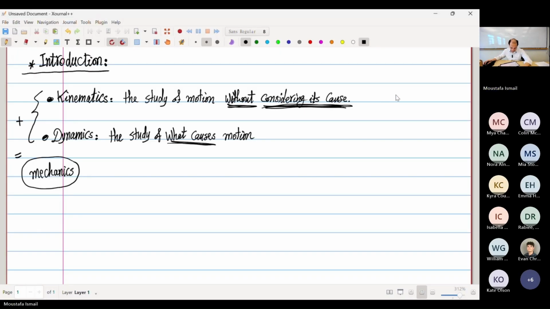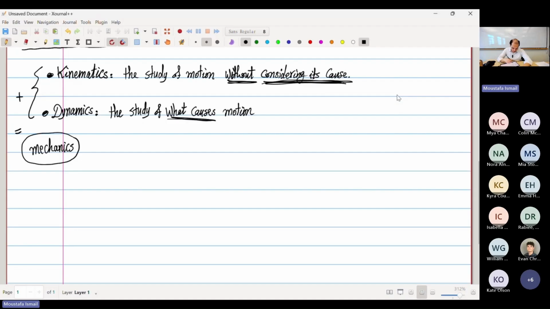So Newton's laws, these are 3 laws. So Newton's first law basically tells us that if an object is acted on by no forces at all, then this object will either remain at rest if it was at rest, or remain at motion if it was at motion.